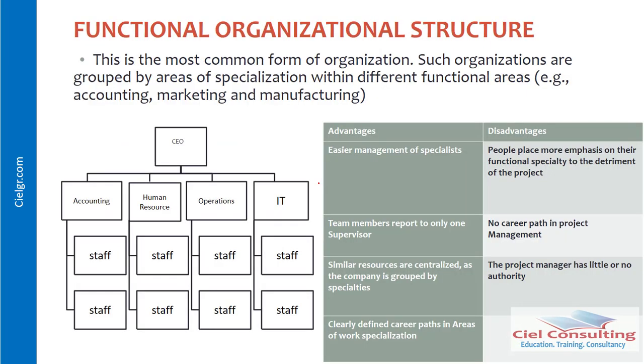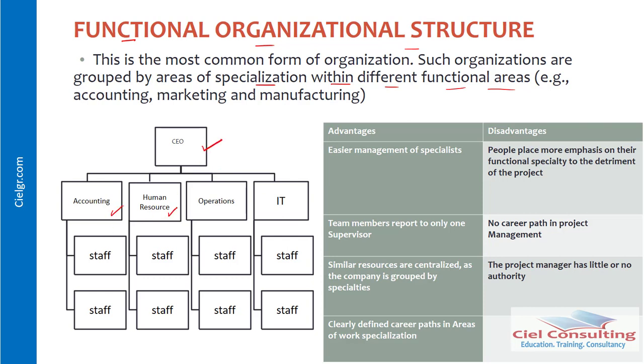So if we take a look at the functional organizational structure, remember here, we said that people are grouped according to their areas of specialization within different functional areas. A typical organizational structure will appear somewhat like this. You can see the head of the organization.